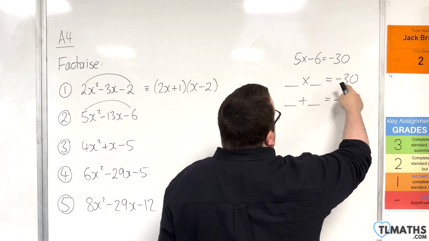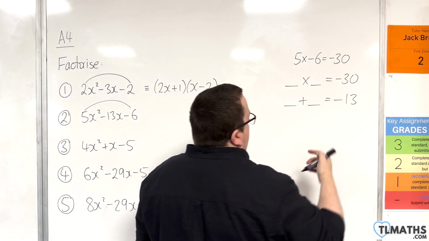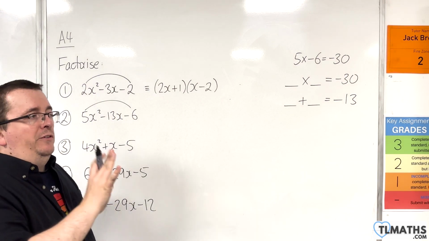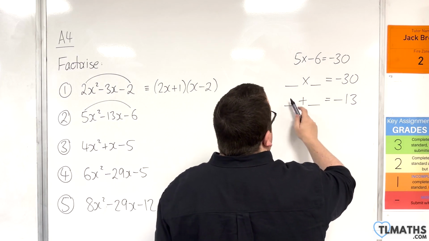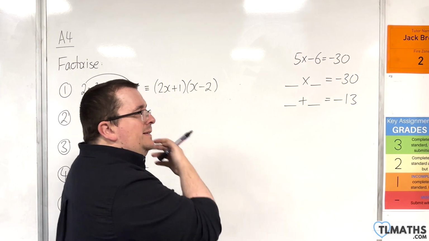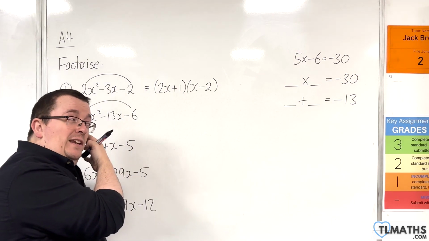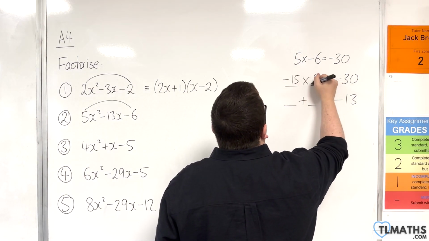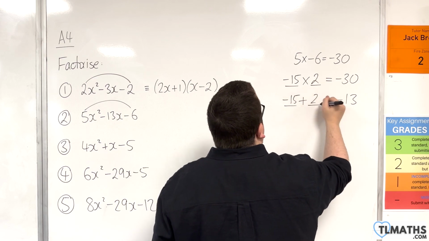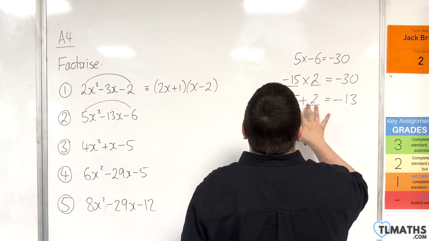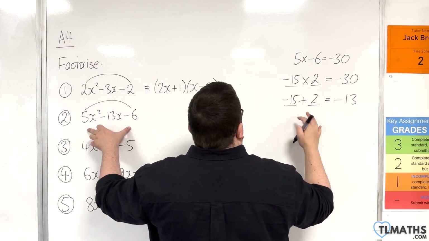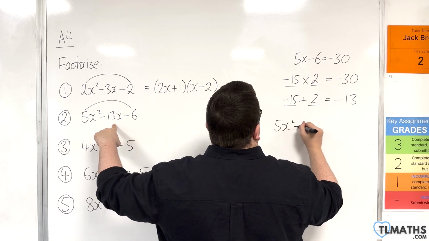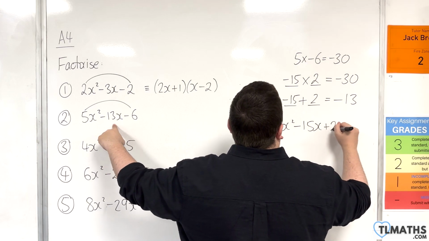It looks like it will, because 10 times 3 is 30, but one's going to have to be positive, one's going to have to be negative, so that's not going to work here. 15 and 2, so minus 15 times 2, minus 15 plus 2 gets me the minus 13, so that one works.